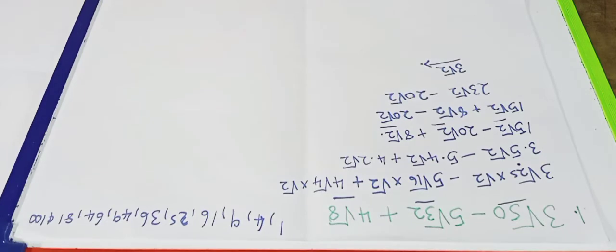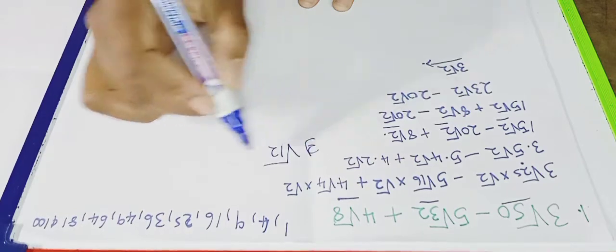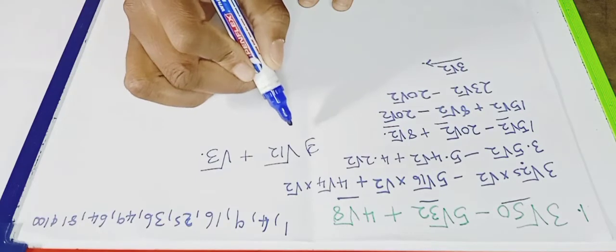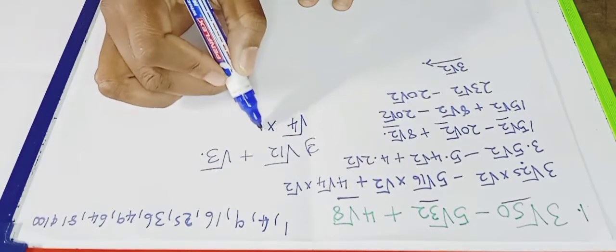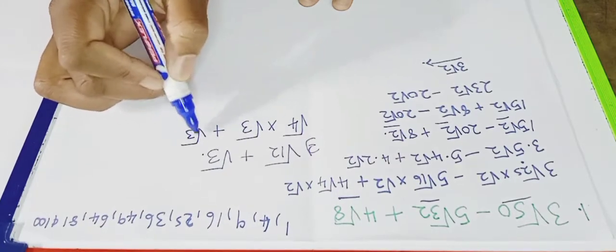Our second question is root 12 plus root 3. This one is very easy. The square root of 12 is root 4 times root 3, plus the root 3 that we already had there.